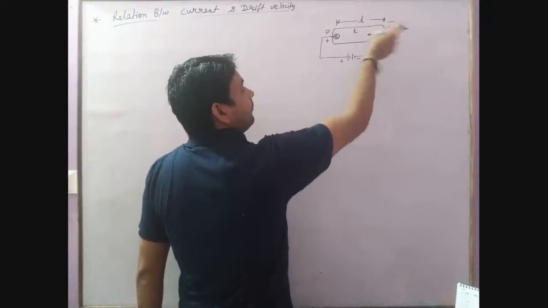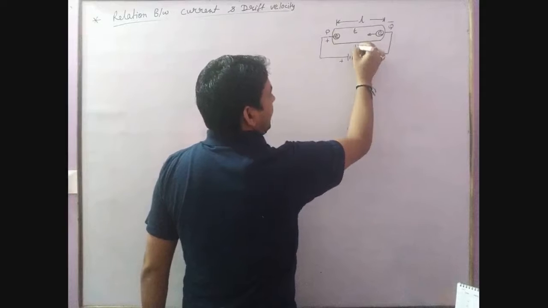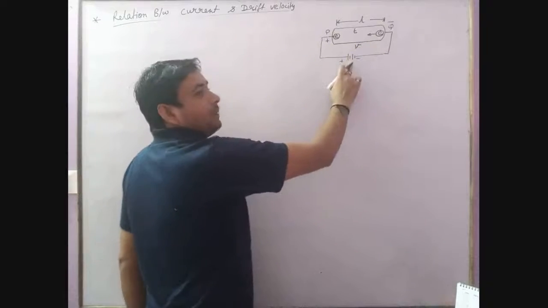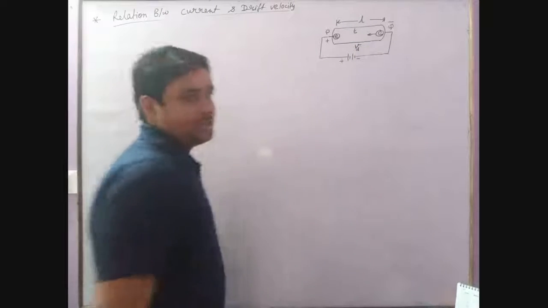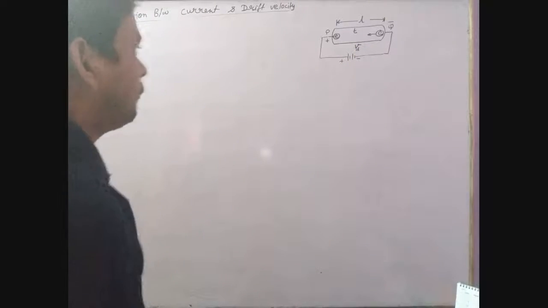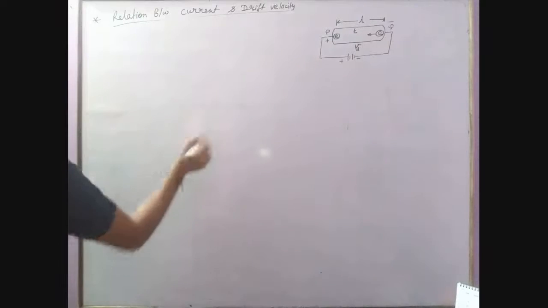The moving velocity of the electron in the presence of the applied electric field is the drift velocity, which is taken as Vd. Now we understand the situation.